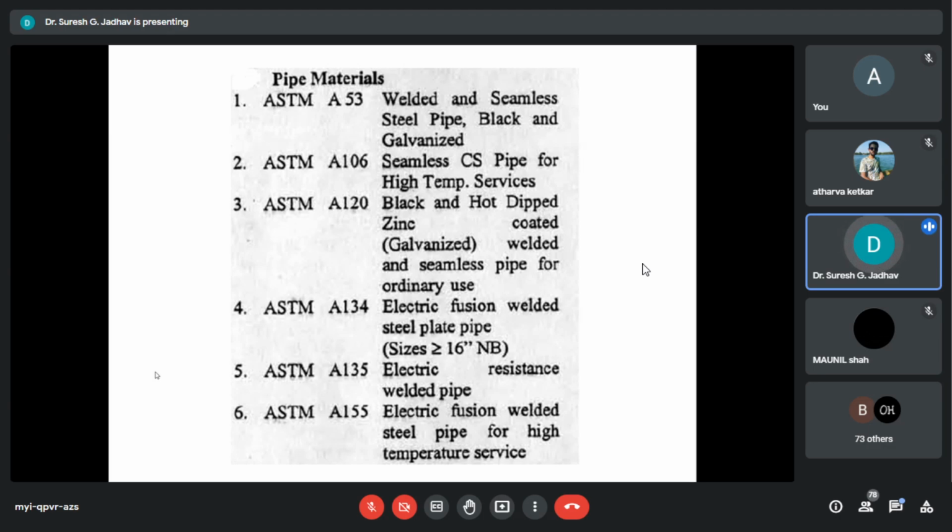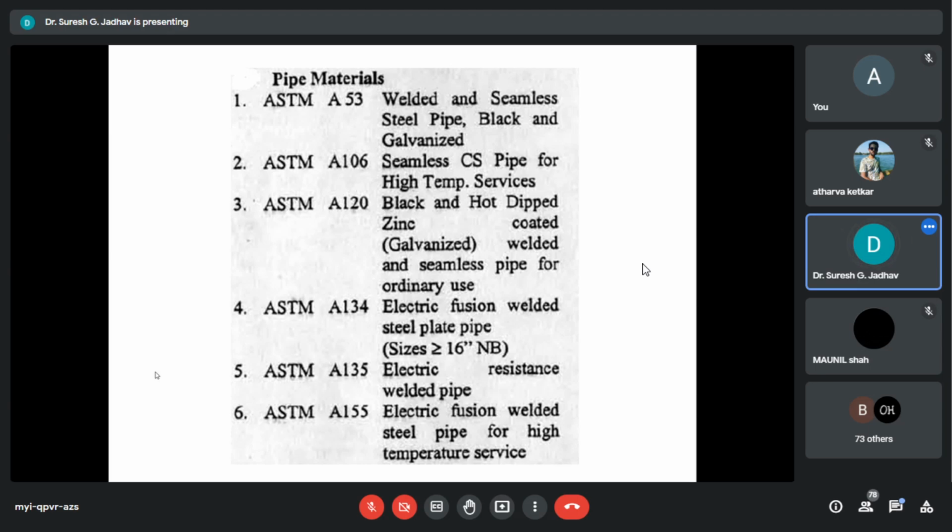If you consider ASTM A120, we can use pipes for ordinary applications, so that means there is no high temperature or high pressure. In this case, we can use ASTM A120, which means the pipe material is black and hot dip zinc coated, welded and seamless pipes.